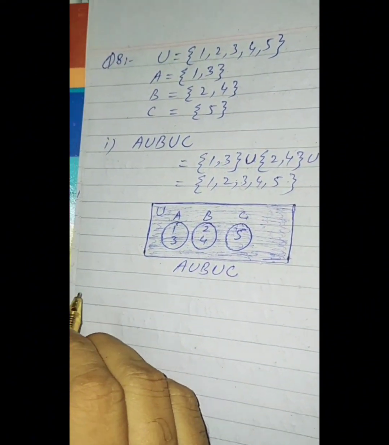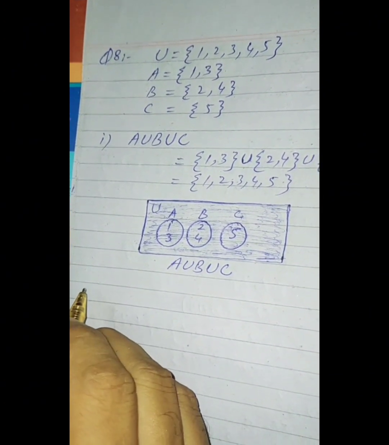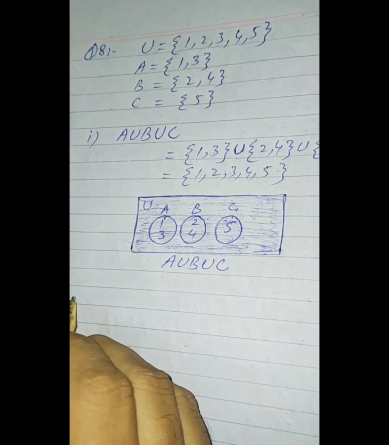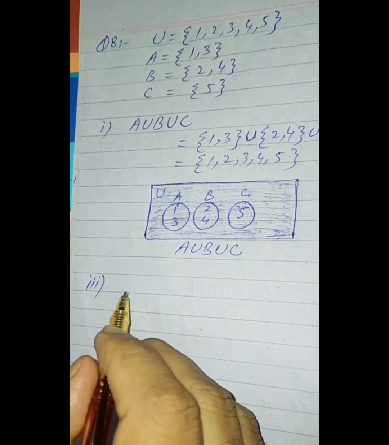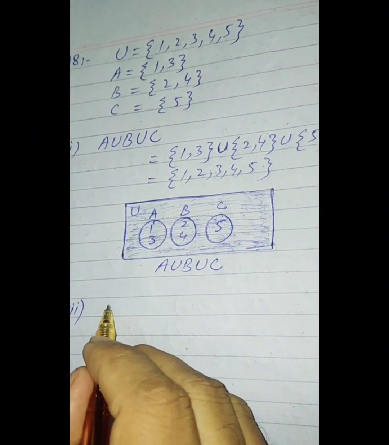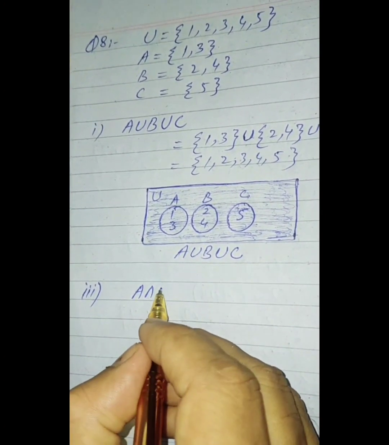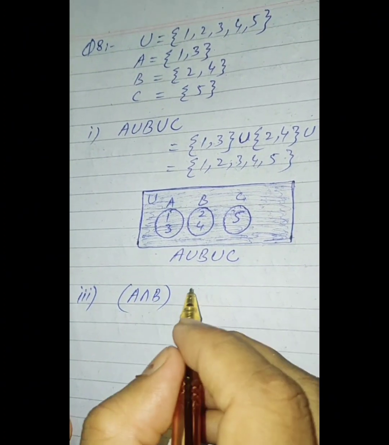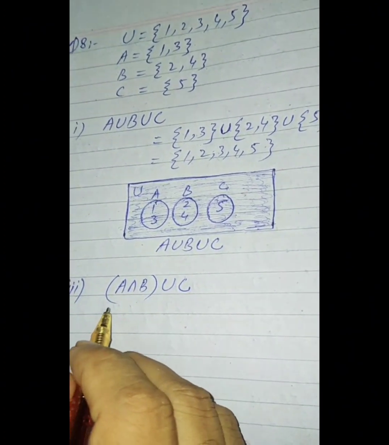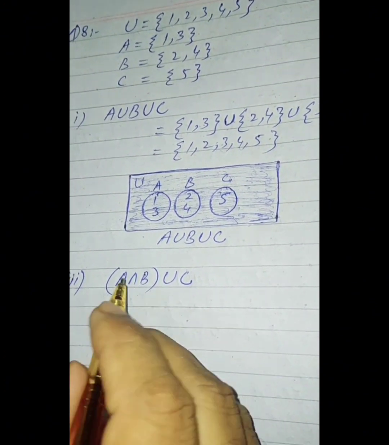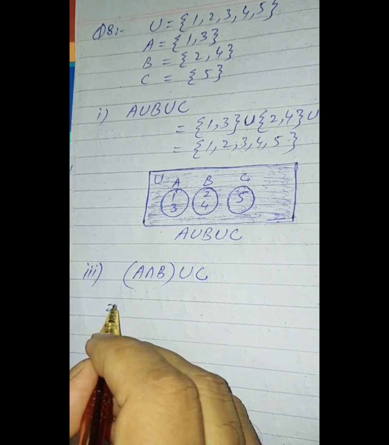Okay, let me discuss another part. Let me discuss part 3. In part 3 we have bracket A intersection B, bracket close, union C. Now this time a bracket is involved. So first we will simplify the bracket.